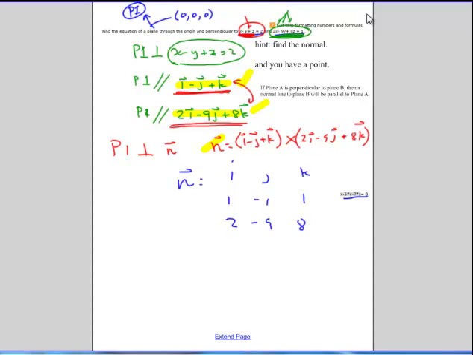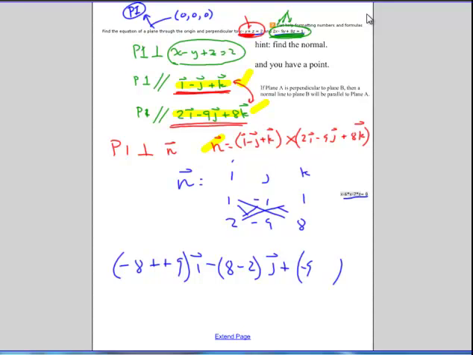So our i term is negative 8 minus 9, i, minus 8 minus 2, j, plus minus 9 minus minus 2, k.